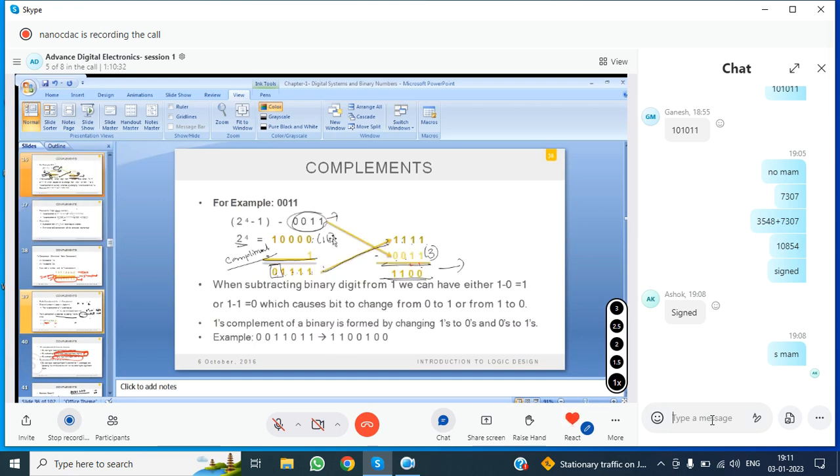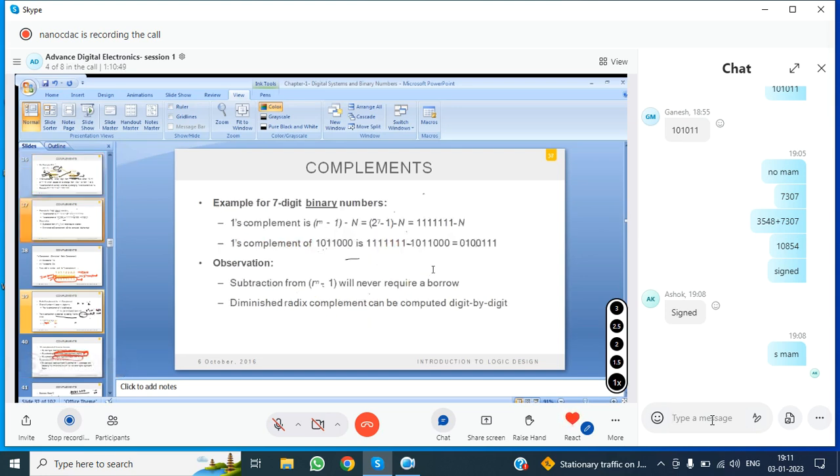Example, if you are taking 0011, so it will be 2 power 4 minus 1. You are writing the binary and then just subtracting. So taking the complement and then subtracting. If you are taking a 7-digit binary number, it will be 7 digits minus n.